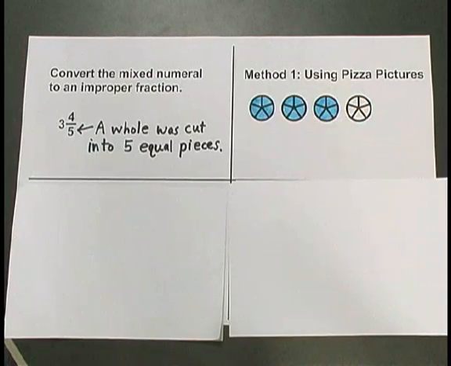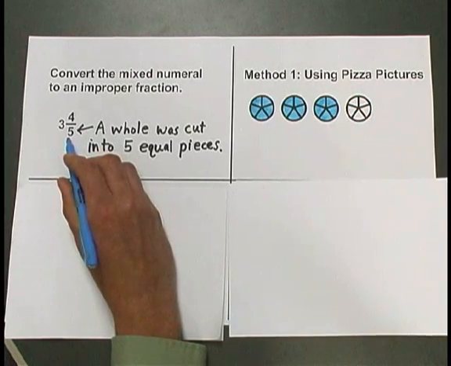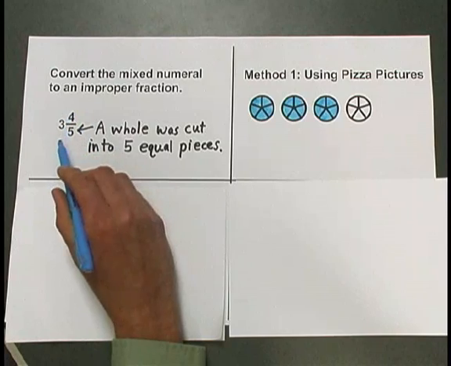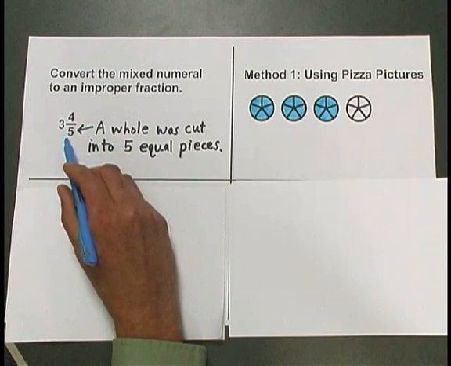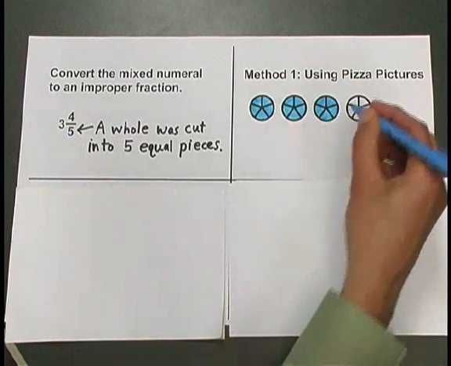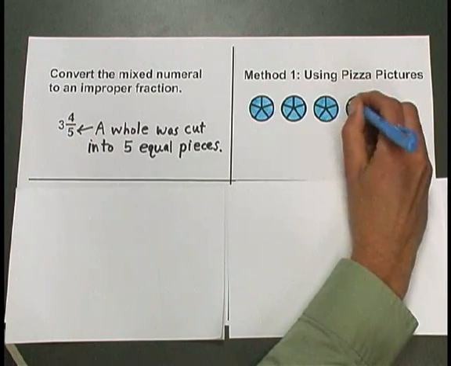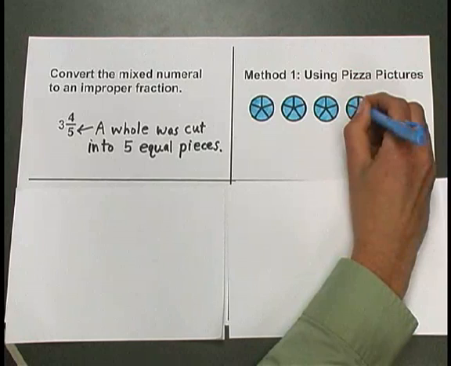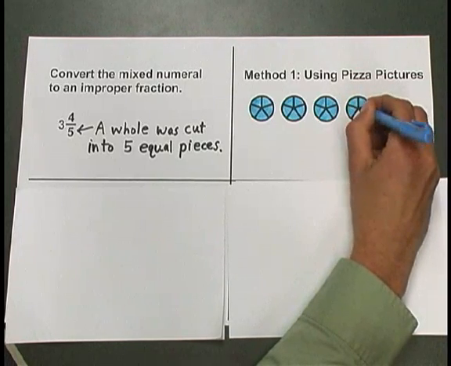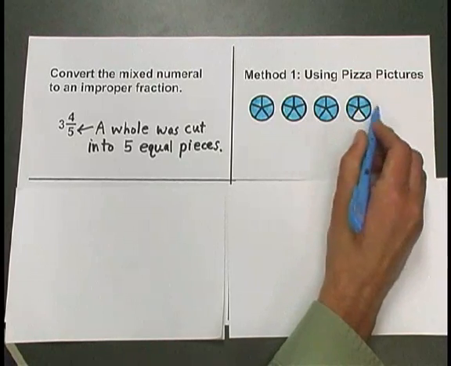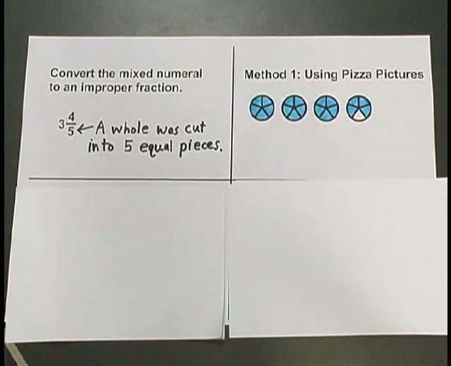That's the 3 whole. The fraction 4/5 tells me that I should shade 4 of the 5 equal pieces of another pizza. So I'm going to shade 1, 2, 3, 4 of the 5 equal pieces of another pizza.